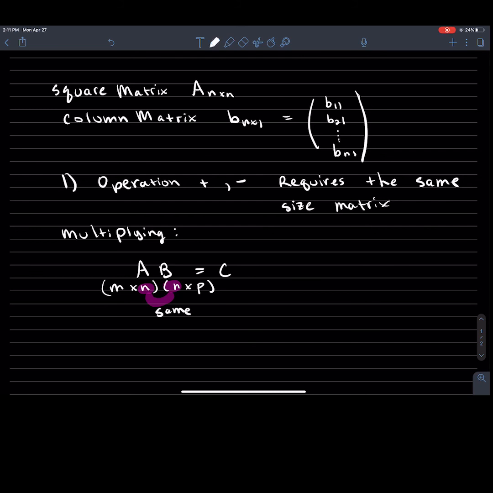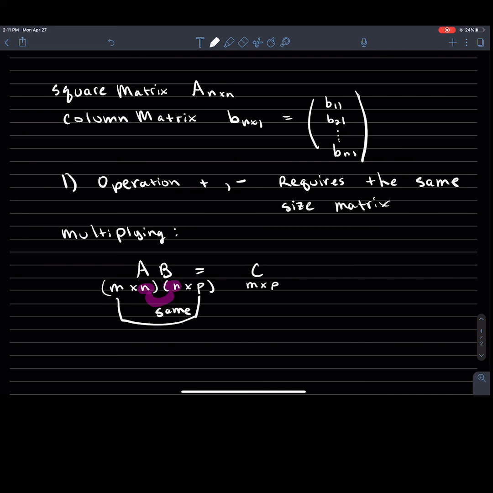If they're not the same, you can't multiply them. So if they are the same, then C will result in an m by p matrix. Okay? That's how that works.